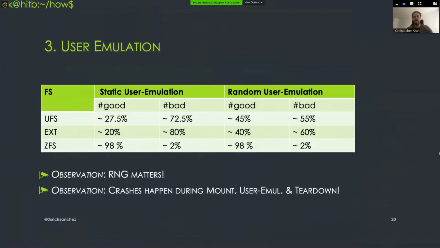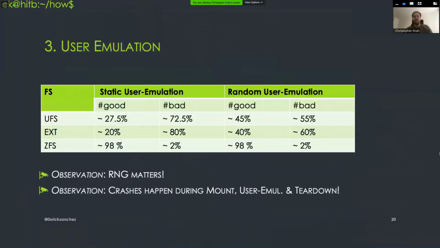As you can see, the successful executions are actually always higher in the random approach, which makes sense, because if you define the static user approach in such a way that there's always a command in the first three that causes a crash, the remaining commands are never executed. If you randomize the order, the order is obviously mixed, and you never know which commands are executed first, so there's a higher chance of more commands being executed in total.